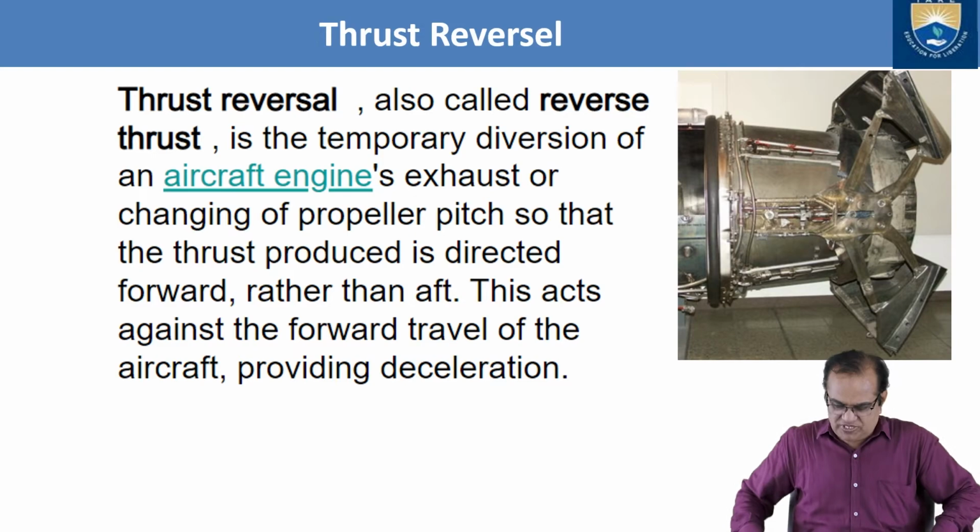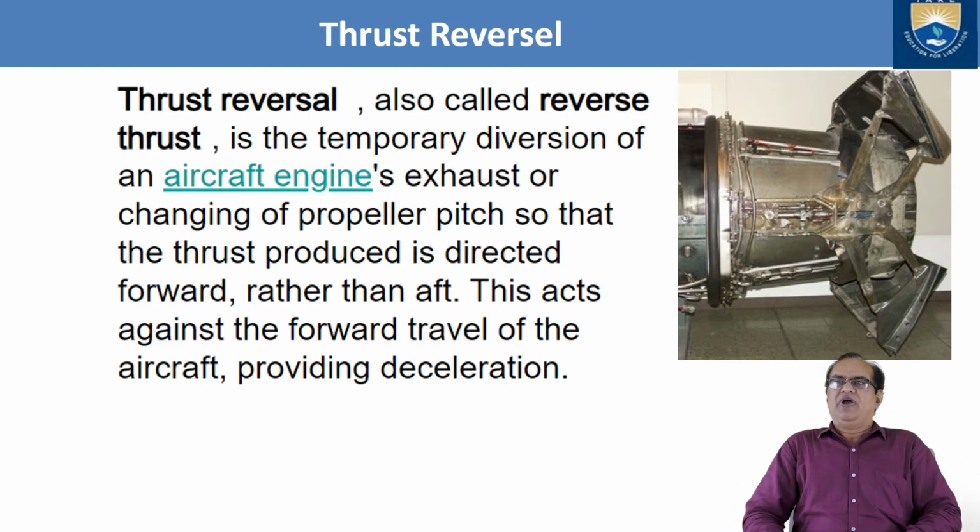Now I will talk about a very important component of the gas turbine engine, especially for aircraft purposes, and all modern aircraft are using thrust reversal in the engine. How these thrust reversals work and how many types of thrust reversal we can do, I am going to discuss in the next few slides.